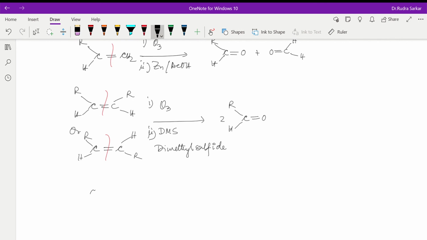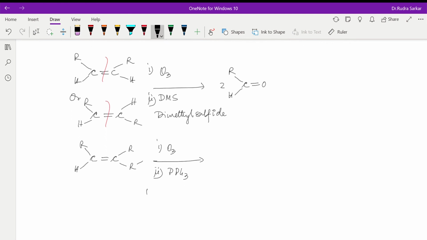Now you do the same reaction, suppose with this particular unit. Now instead of using DMS, I'm using PPh3, called triphenylphosphine. Again, its role is very similar to that of DMS or that of zinc acetic acid.